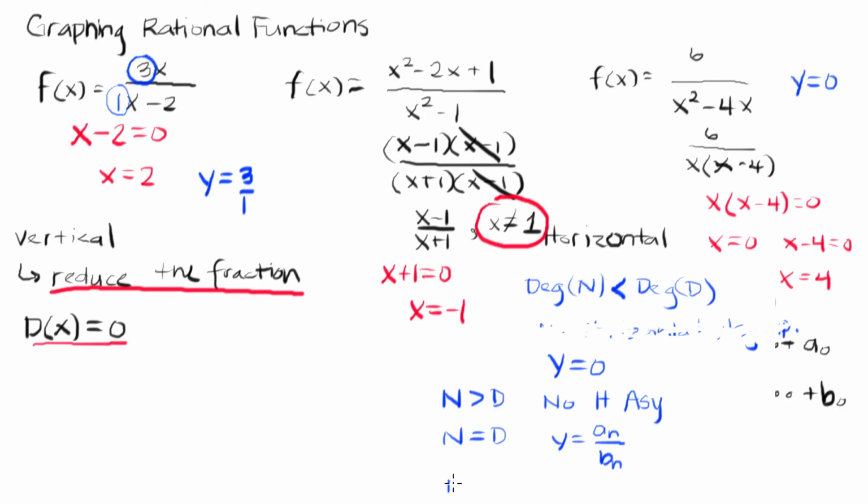And finally, when the degree of the top is smaller than the degree of the bottom, we know that our horizontal asymptote is going to be 0. Those are the 3 rules that I need you guys to remember for horizontal asymptotes. So, to cap it one more time, vertical asymptotes: reduce the fraction, set the denominator equal to 0. Horizontal asymptotes: you have to check the degrees of the tops and the bottoms, and then follow rules 1, 2, and 3.